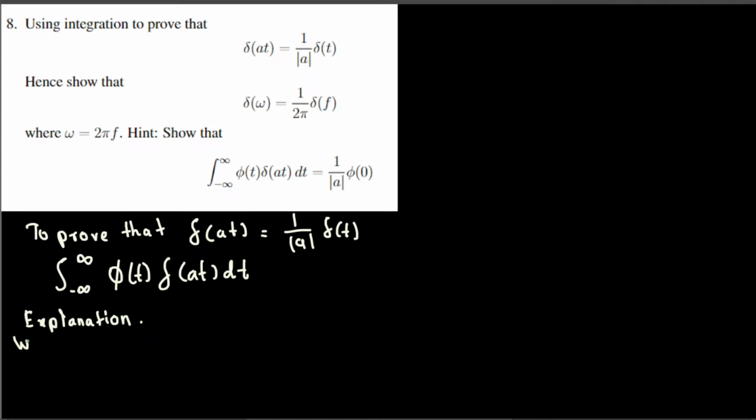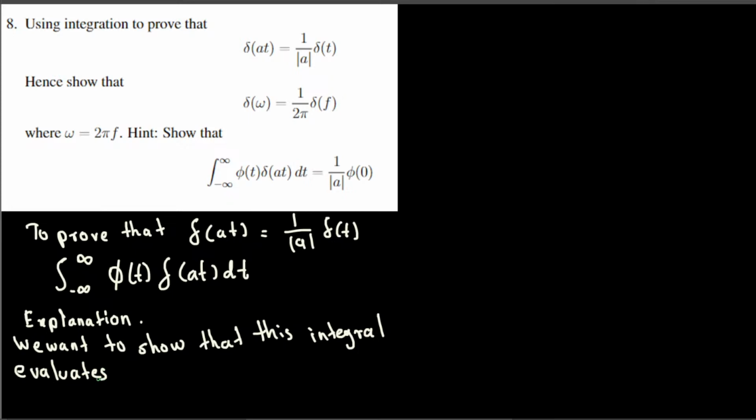So we want to show that this integral evaluates to 1 over absolute value of a, phi of 0. Okay, if we show that, then this becomes true.